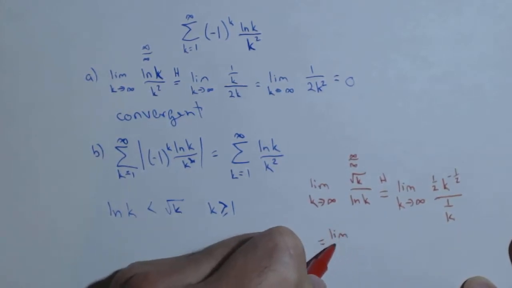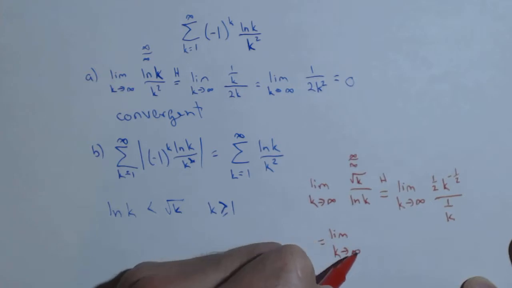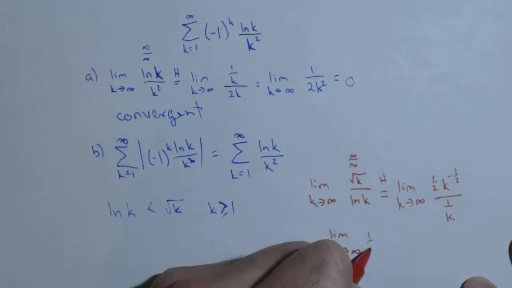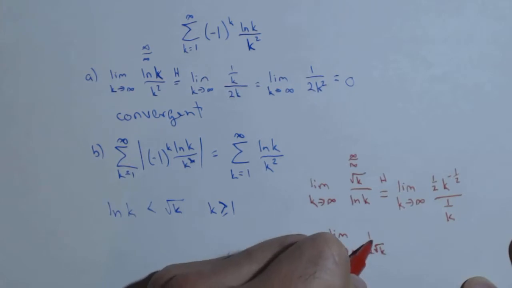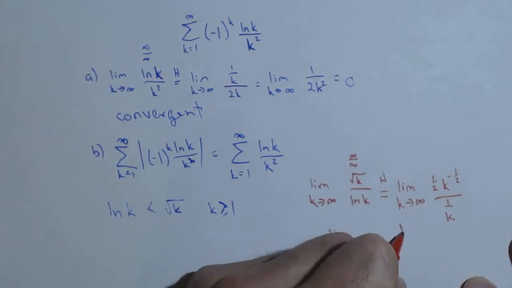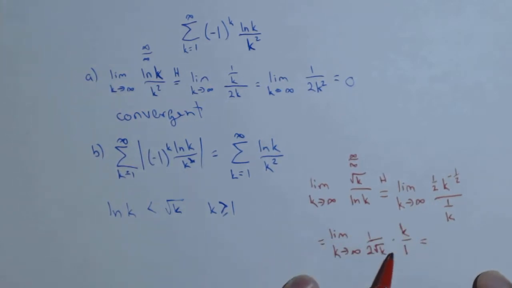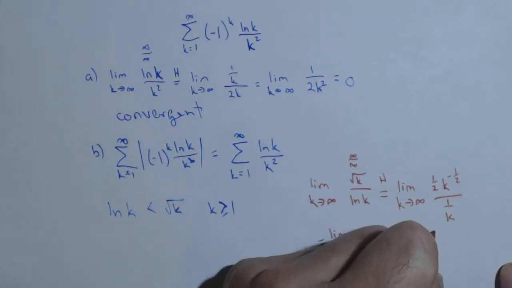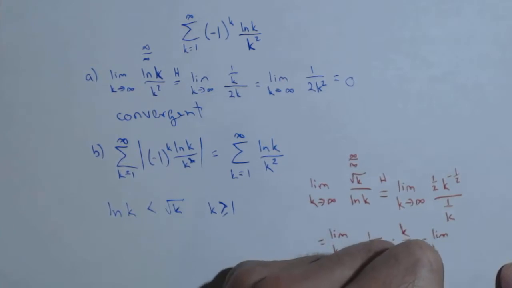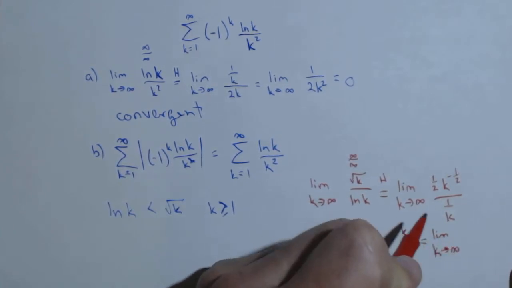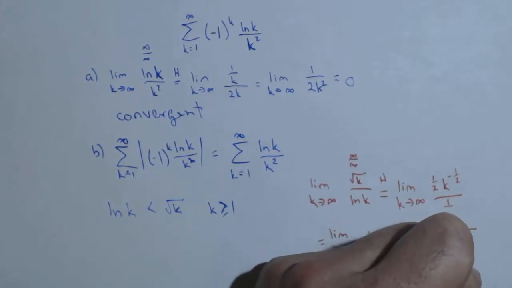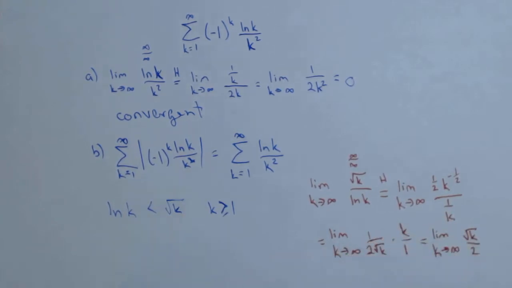So we have the limit of 1 over 2 times the square root of k, times the reciprocal here, k over 1. These are going to simplify, and we're going to end up with a square root of k on top. So the limit as k goes to infinity of square root of k over 2.